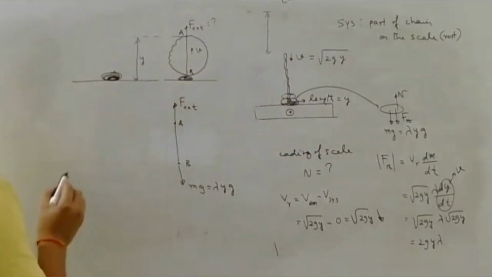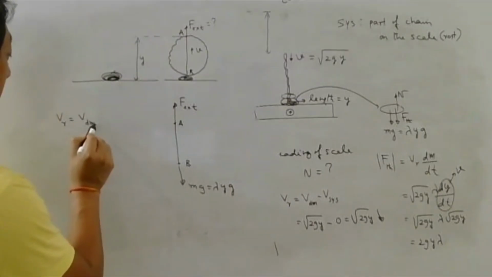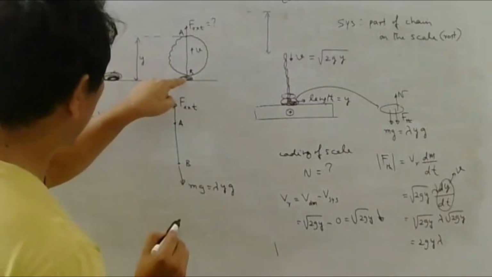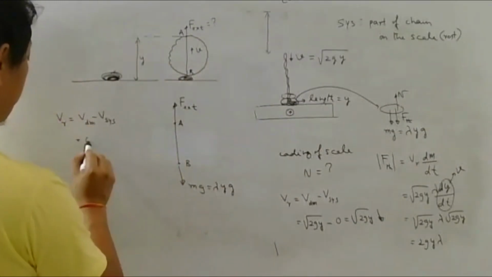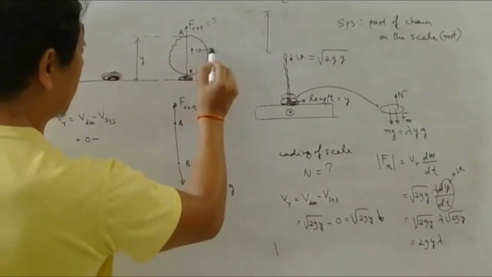Now where will the thrust force be? First, you tell the relative velocity, v of dm minus v of the system. These dms are at rest in the ground frame. The system is being pulled by this force, but with constant speed.